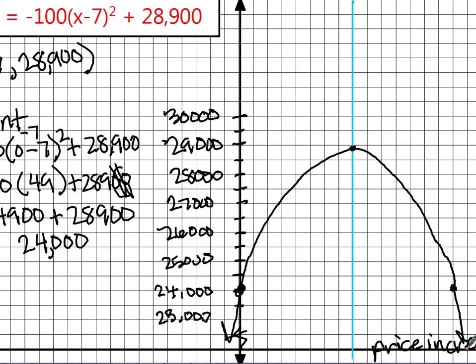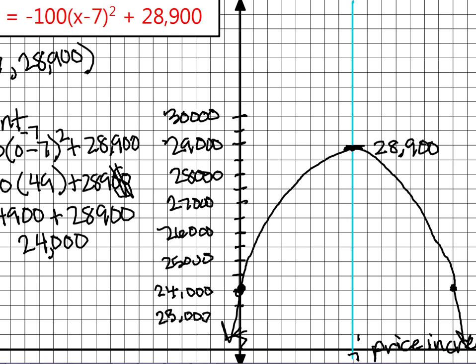Obviously, this won't be perfect, but it'll give us some idea. Our maximum value up here was 28,900. This was $7 worth of price increase.